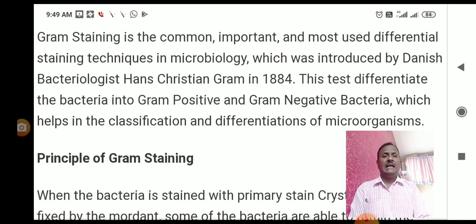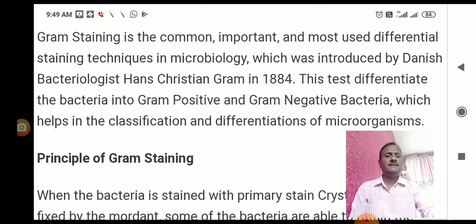The bacteriologist Hans Christian Gram first discovered this method in 1884, and with its help we can differentiate gram positive bacteria and gram negative bacteria, which helps in the classification and differentiation of microorganisms. Later on we will see the detailed differences between gram positive and gram negative bacteria.